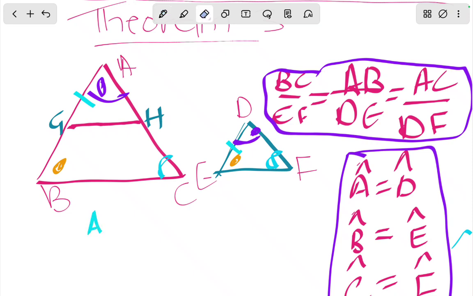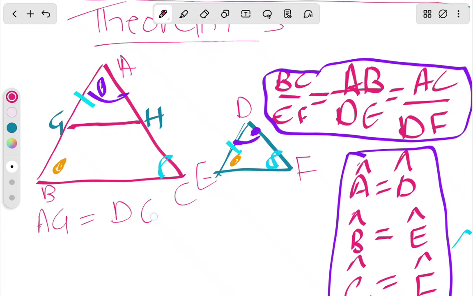So AG is equal to DE, as we have constructed. In your examination, you have to write "construction" as your reasoning.